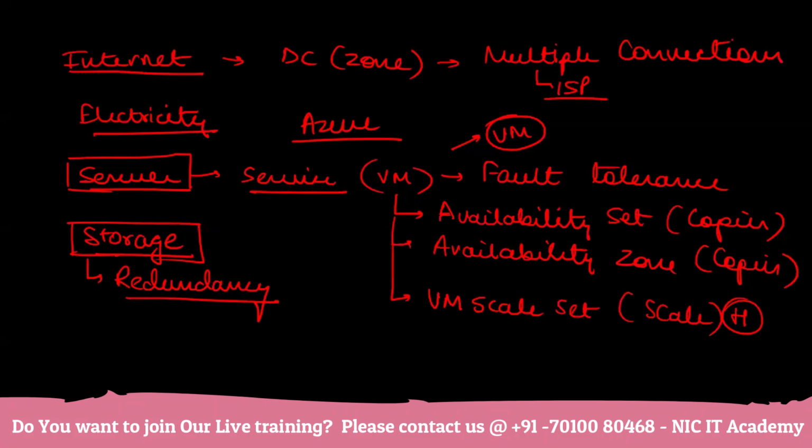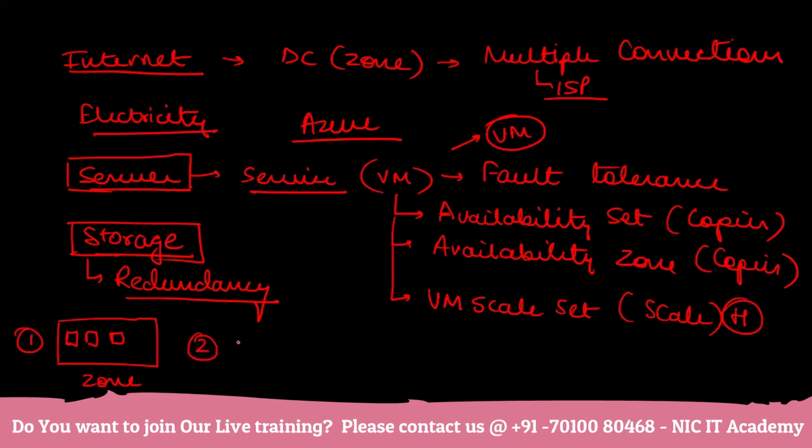When it comes to storage, we talk about redundancy, and it depends on how the data is made redundant. Let's say there is one zone or one data center in any region. If I'm creating multiple copies in that zone, this is one form of redundancy.